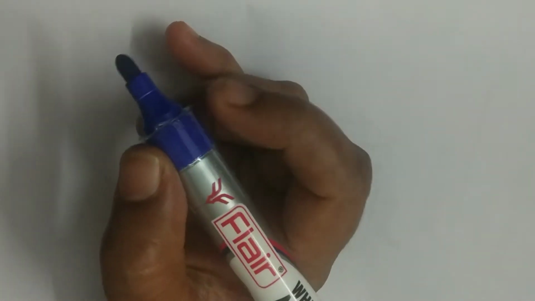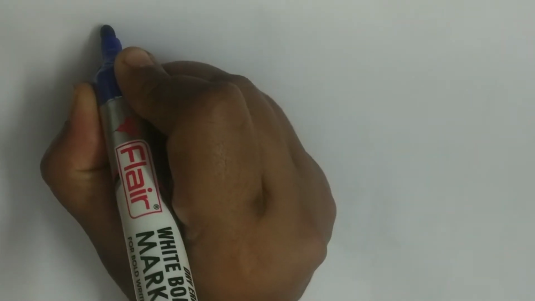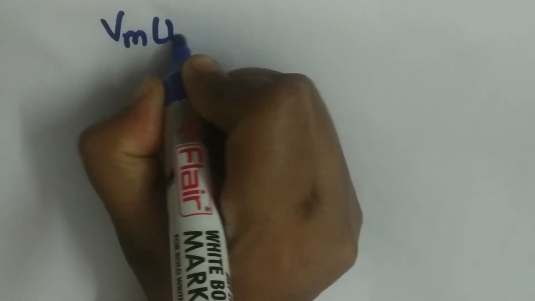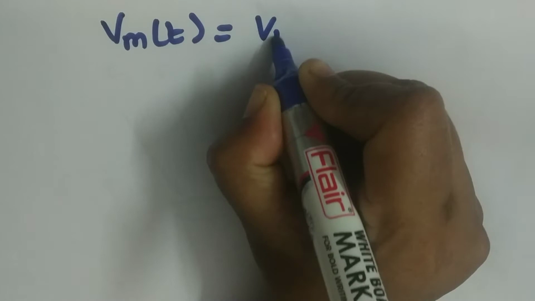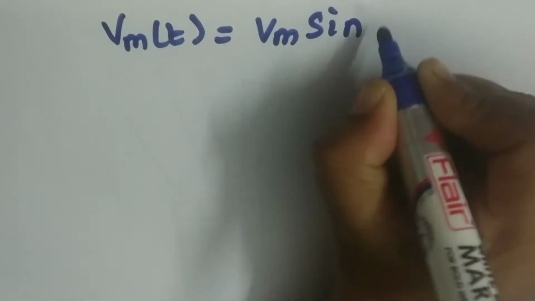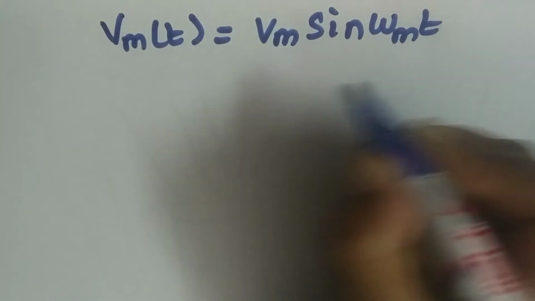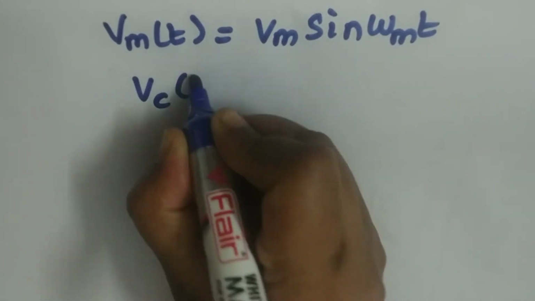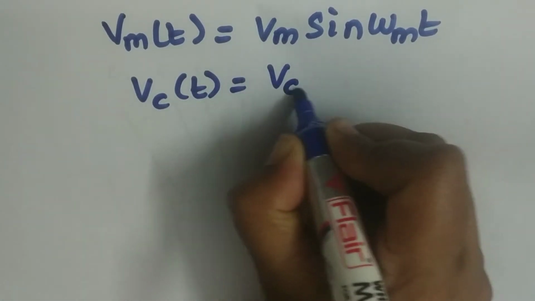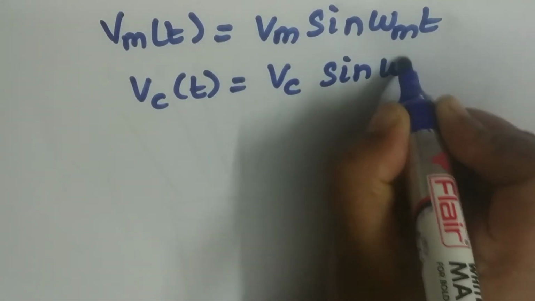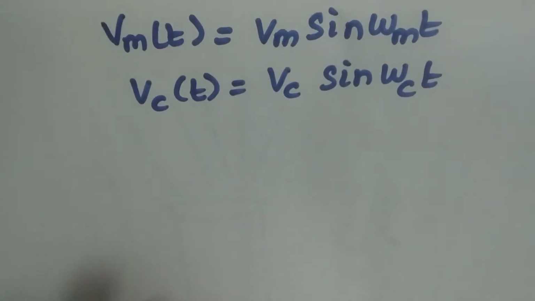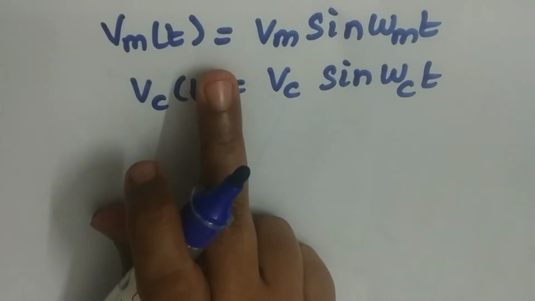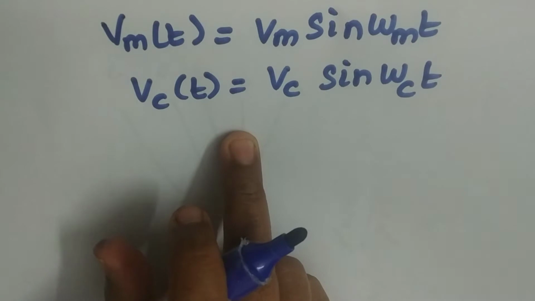Then mathematically we can write the message signal Vm of t equals Vm sin omega mt. The carrier signal Vc of t is Vc sin omega ct. We are already familiar with this. So this is the message signal and this is the carrier signal.